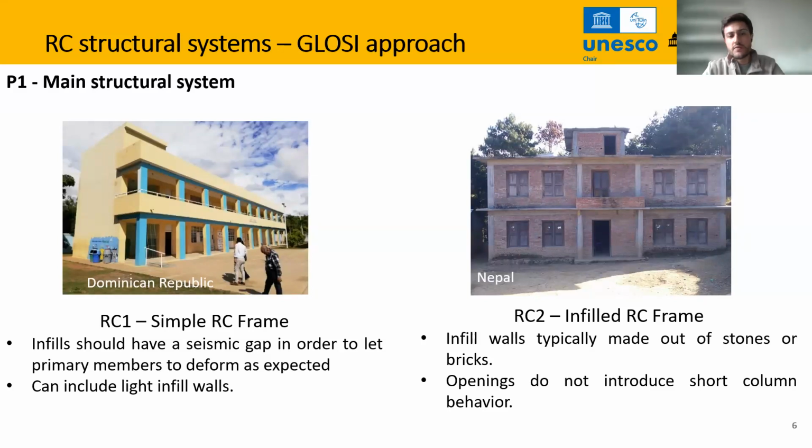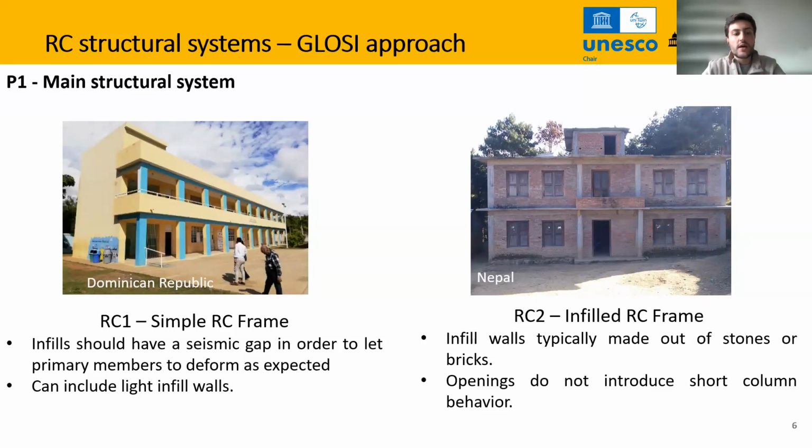And specifically for the case of reinforced concrete buildings, there's a type called RC1, which are the simple RC frames, and this is equivalent to the FEMA 647 first typology, the bare frame.